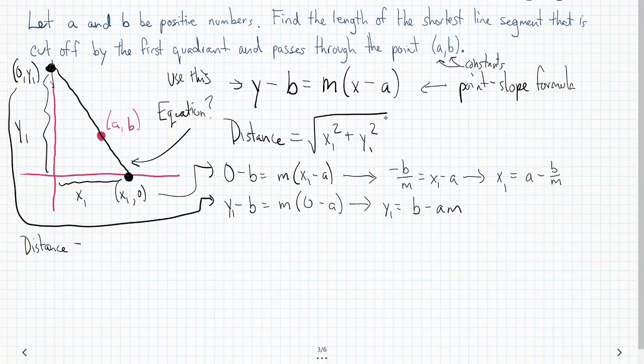So we have distance equals the square root of, well, x1 squared, which will be a minus b over m, the quantity squared, plus y1 squared, which is b minus am, the quantity squared.